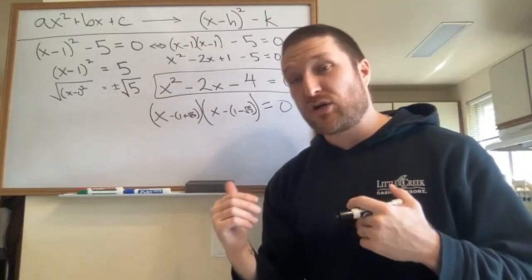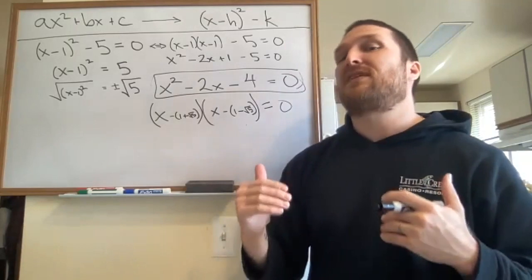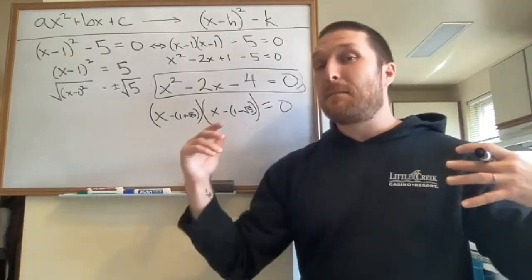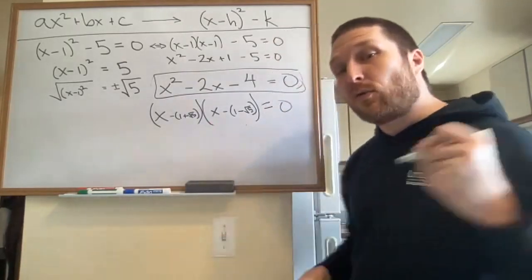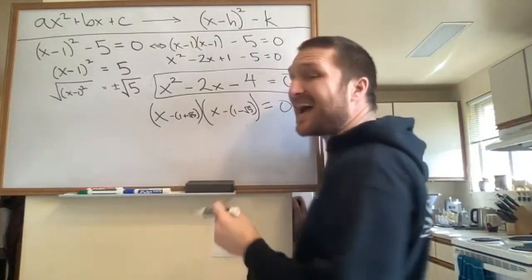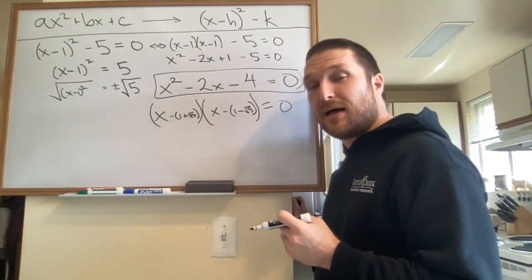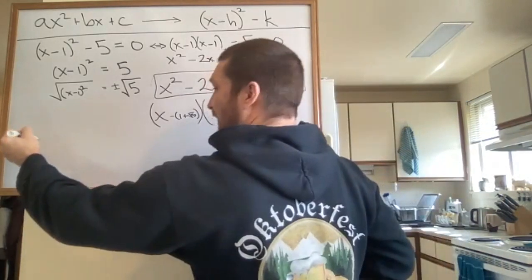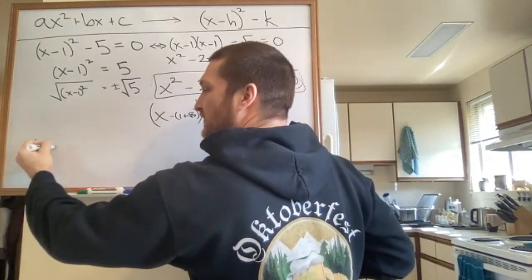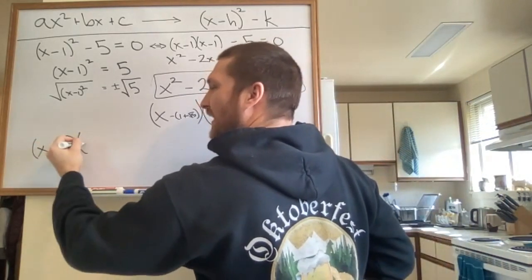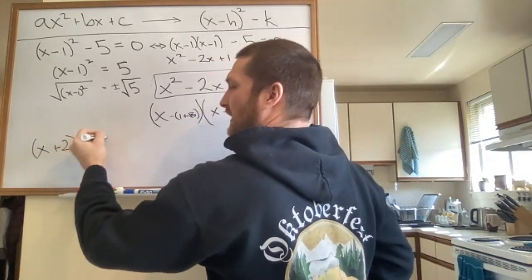In order to learn division, we first have to be very good at multiplication. In order to learn how to factor an equation, we first have to know how to multiply out something like this.